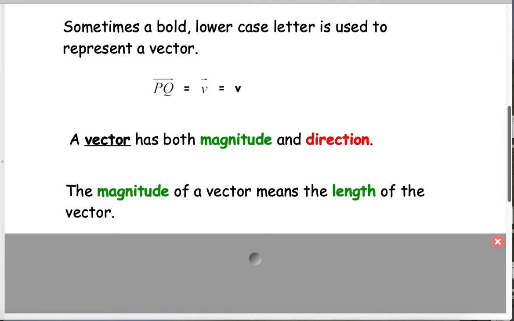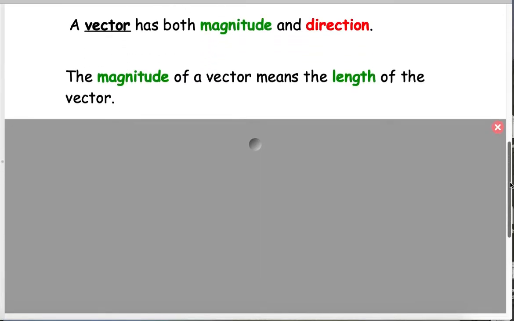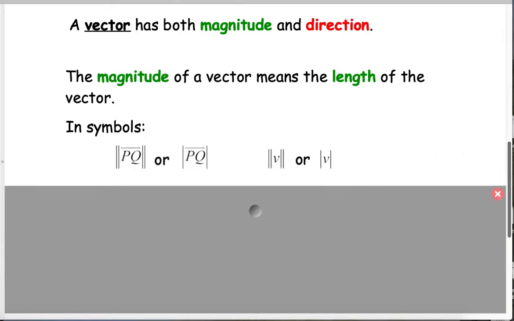So for magnitude, the symbol that we use when we're talking about the magnitude almost looks like an absolute value. Now some texts will have a double bar on both sides of the vector, and some will only have a single bar. So when you see a single bar, don't get confused and think, wait, do they mean absolute value or do they mean magnitude?